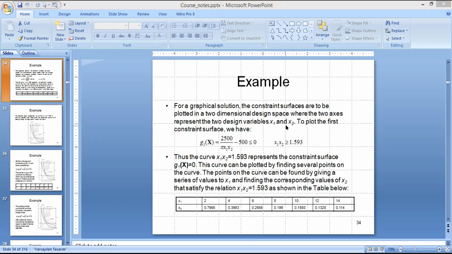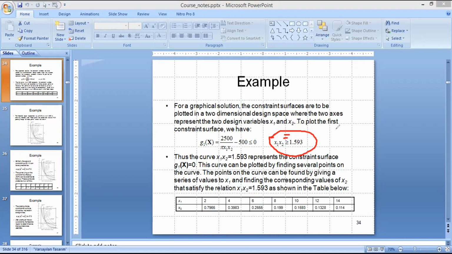Okay. So we have just completed this first constraint. We have already plotted this constraint in the last lab, that is x1 x2 is greater than or equal to 1.593. So in that case, what we have done, we just replaced the inequality sign with an equal to sign.